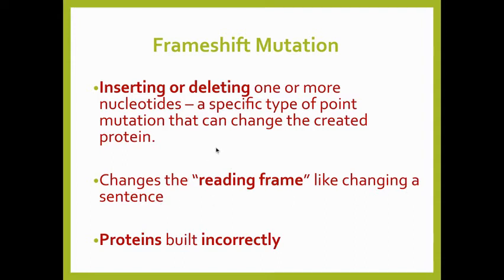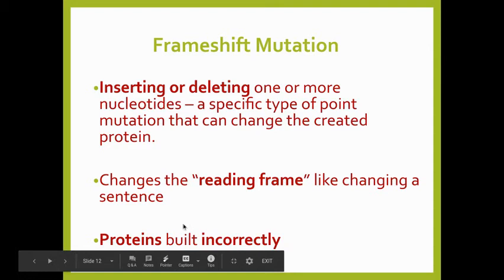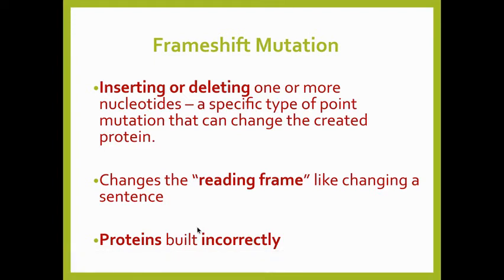So you saw that in an insertion, the reading frame shifts to the right, and in deletion, it shifts to the left. Just like our sentences stop making sense, those amino acid sequences are going to change and make the proteins be built incorrectly. They won't be the right protein, and they won't be built right. They'll be mutated.